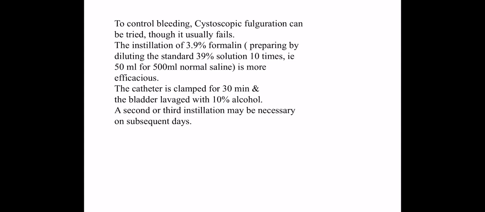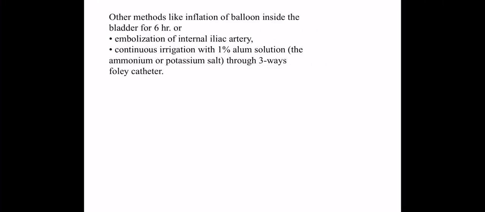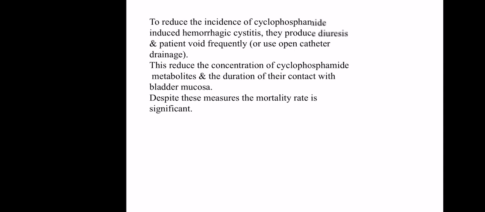Second or third instillation may be necessary on subsequent days. Other methods like inflation of a balloon inside the urinary bladder for 6 hours, embolization of the internal iliac artery in resistant cases, and continuous irrigation with a solution of ammonium or potassium salt through a 3-way Foley catheter may be tried.